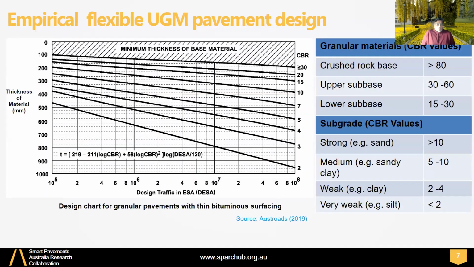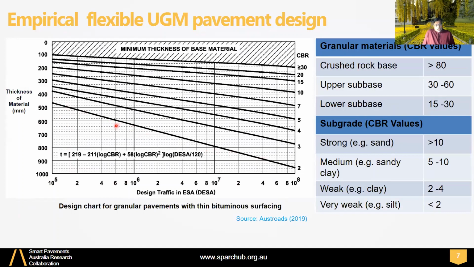So this chart is very common for empirical flexible pavement design. You have on your x-axis the design traffic given in equivalent standard axles. On the y-axis, you have the thickness of the material, or the cover you require for a certain subgrade.